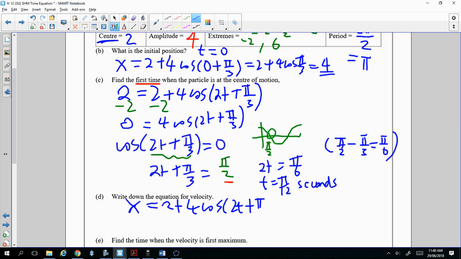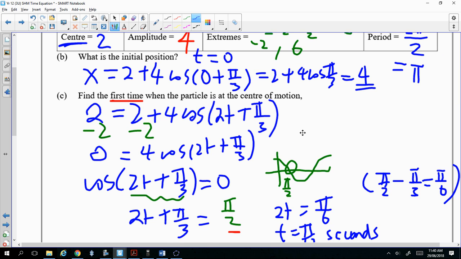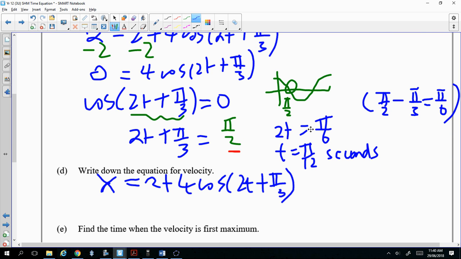So x dot, or just v, equals 0 plus 2 times 4 is 8, negative sine(2t plus pi over 3), which simplifies to negative 8 sine(2t plus pi over 3). That's your velocity.